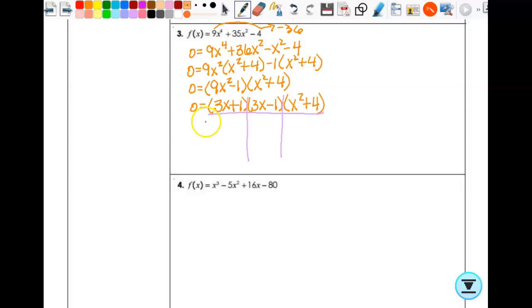This is going to give me x equals negative 1/3, x equals 1/3, and then x squared equals negative 4, so x equals plus or minus the square root of negative 4, so x equals plus or minus 2i.